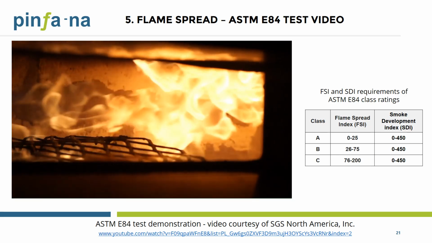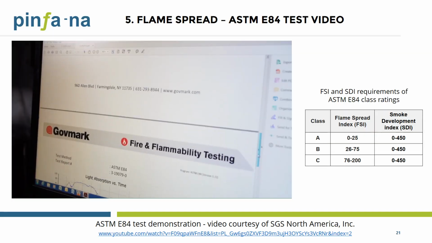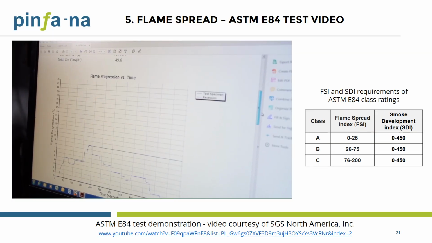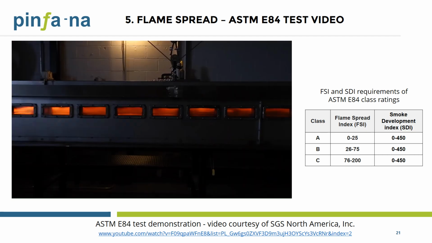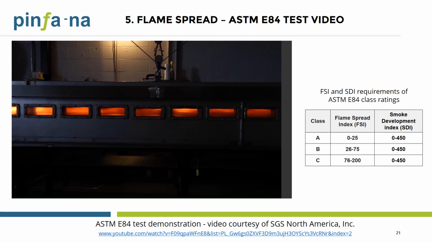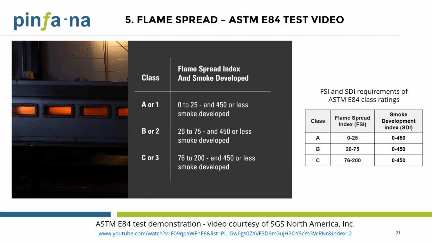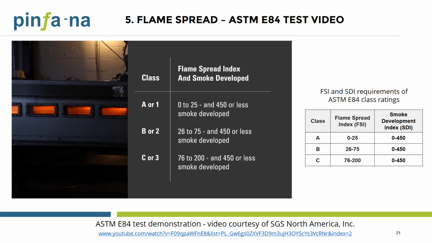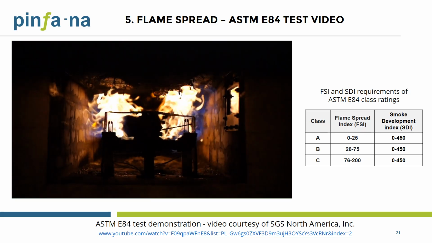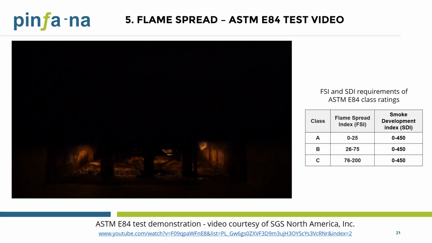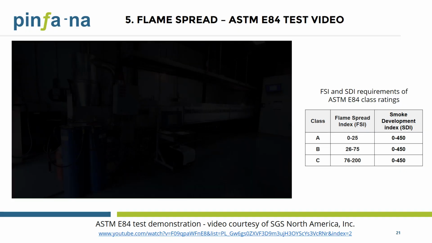The maximum flame spread distance is recorded, as well as the time at which maximum distance was reached. This determines the flame spread index. Flame spread index and smoke developed are reported, and the product is classified accordingly. Any specimen that fails to meet these specifications is considered unrated. The test is concluded after a 10-minute flame exposure.